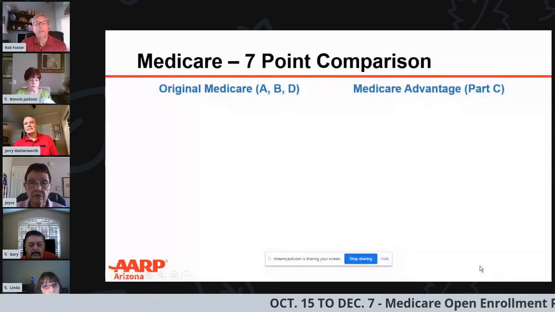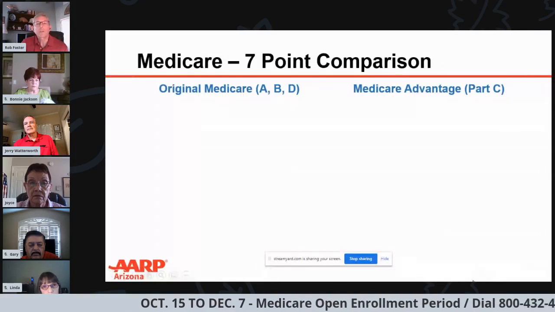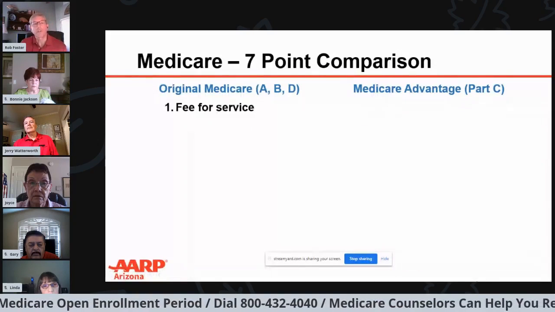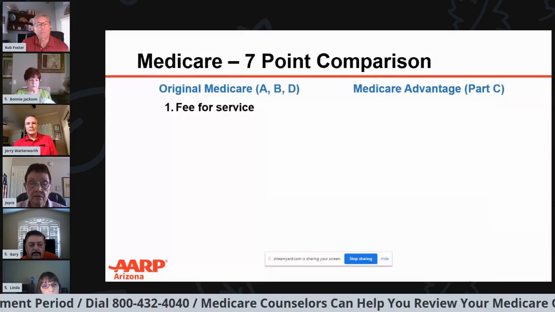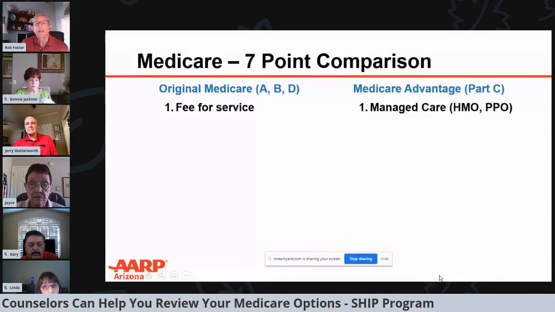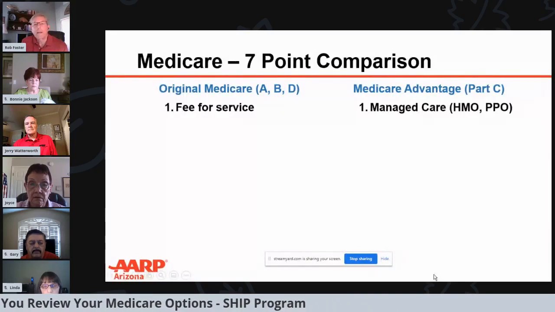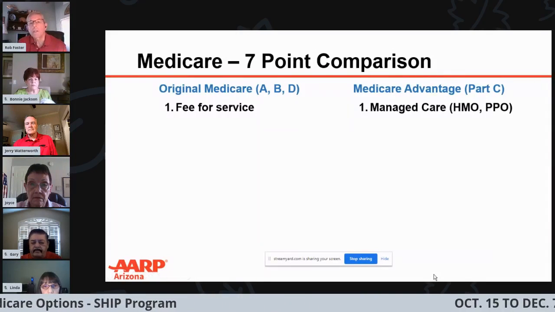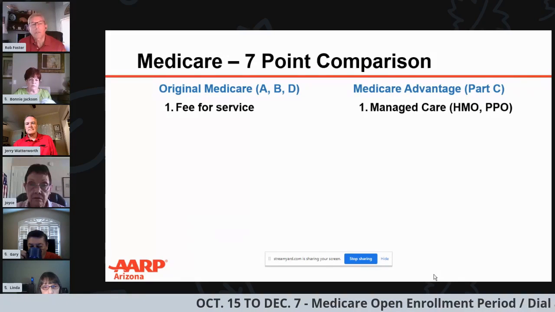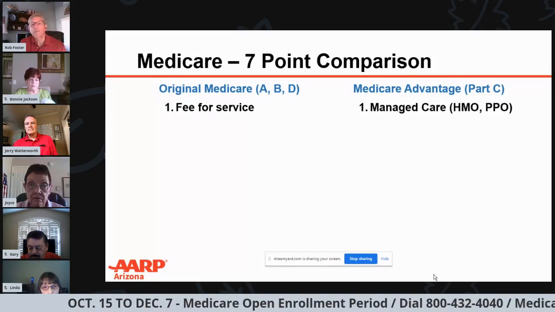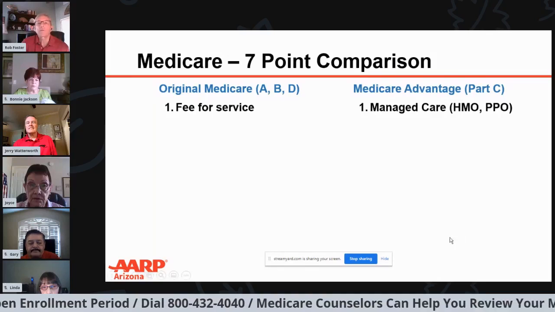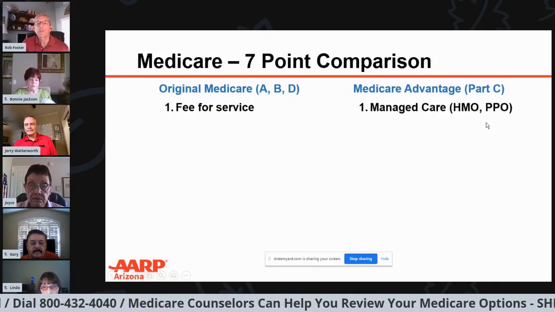Now, the 7-point comparison between Original and Medicare Advantage. Original is fee for service. You can go to the provider that you wish to visit, whereas with Medicare Advantage, you are dealing with either a health maintenance organization or a preferred provider organization, and you are required to visit those people who are within those networks.